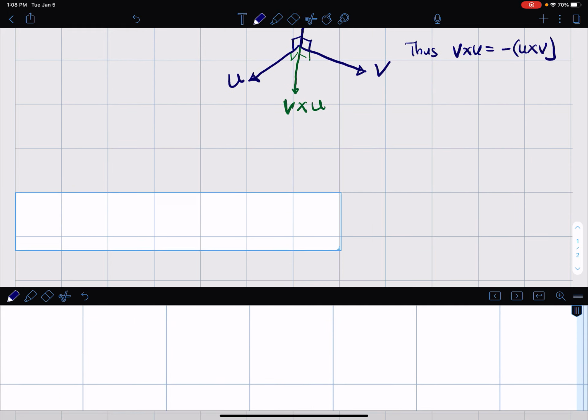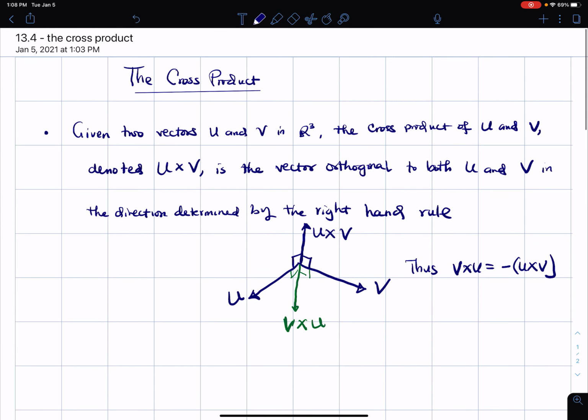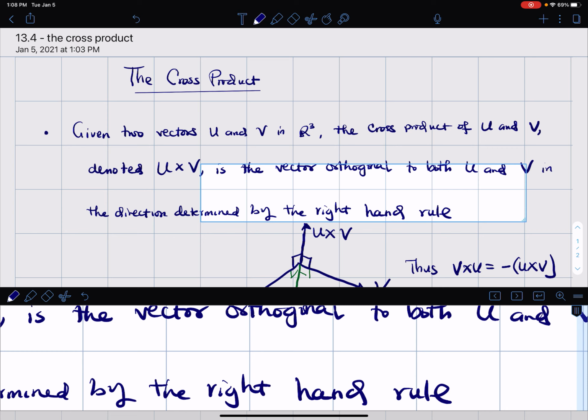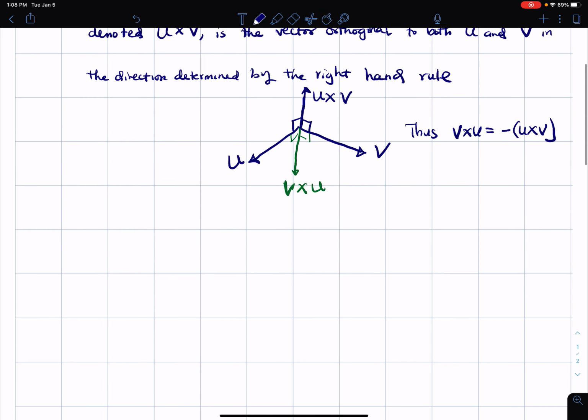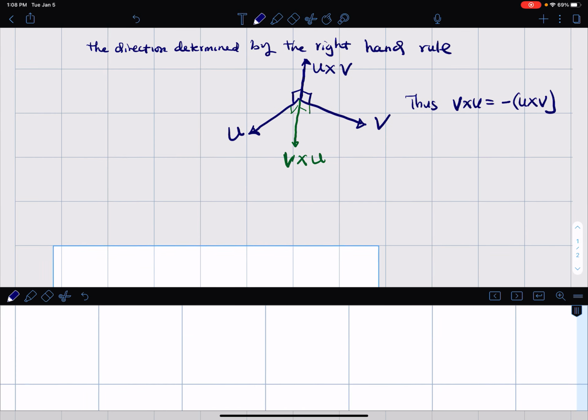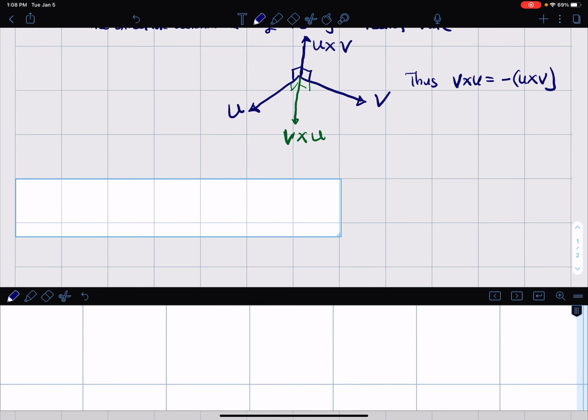In order to be able to work with a cross product, we need to understand what the determinant is. So the cross product, that's what we've defined. Now, we need to have an idea of the determinant. I'm sure some of you have done this, but let's just review the determinant.